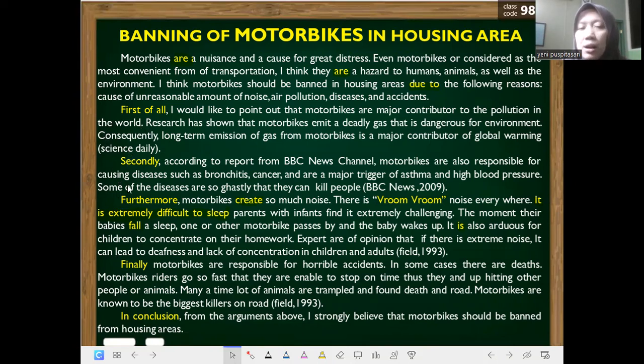This is the arguments of the writer opinion that writers said in thesis. And the last one, this is conclusion. In conclusion, from the argument above, I strongly believe that motorbikes should be banned from housing area. Okay, because the last paragraph is conclusion, so this text is analytical exposition text.